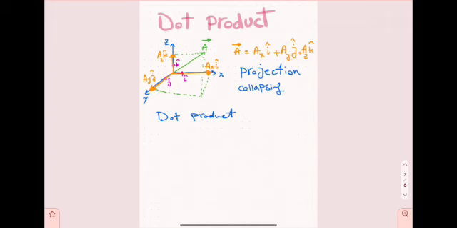We can already see that the result of the dot product is a scalar, not a vector. So for example, if I want to have the Ax value, what should I do?